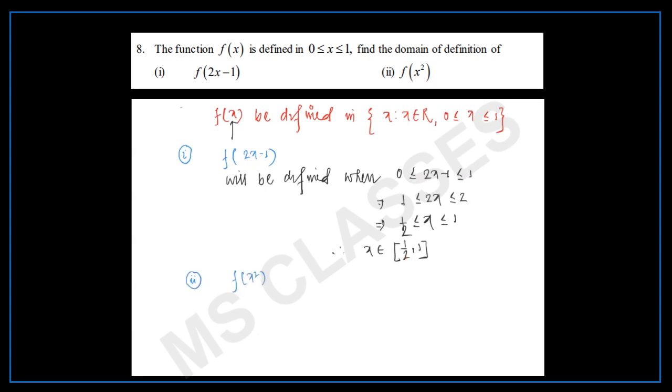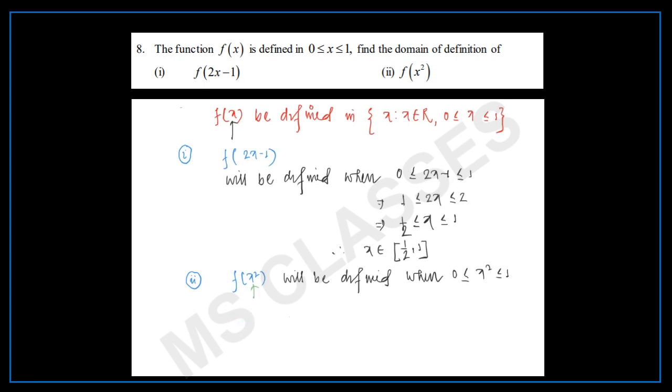Now here also this will be defined when 0 ≤ x² ≤ 1. And then we can start directly, no need to write this.